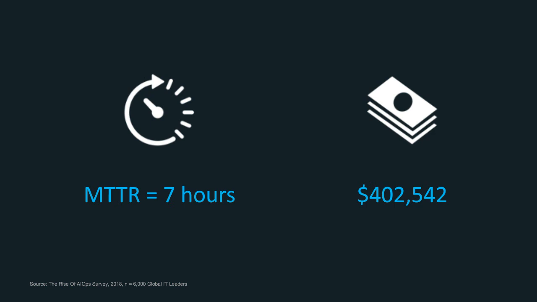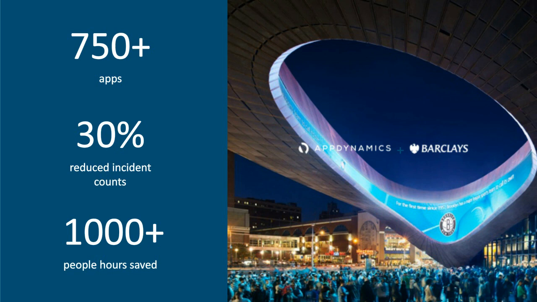Many of our customers are already connecting monitoring and actioning systems together to drive automation. One great example is Barclays, who is a major UK bank and has been using AppDynamics for over 3 years now. They have seen significant reduction in disruptive tech incidents across their 750 plus applications.